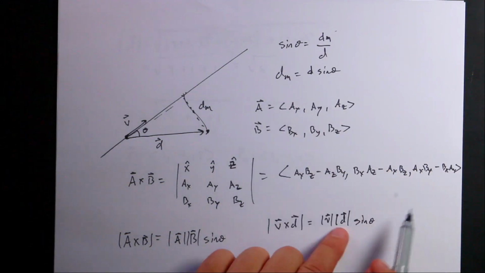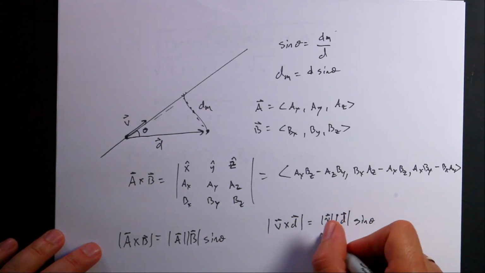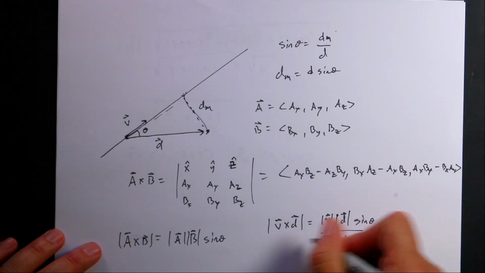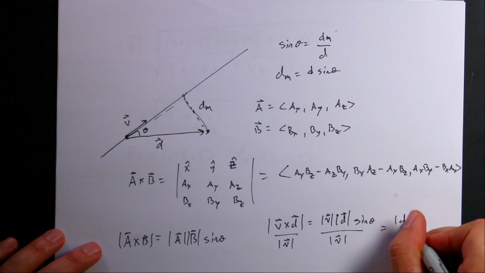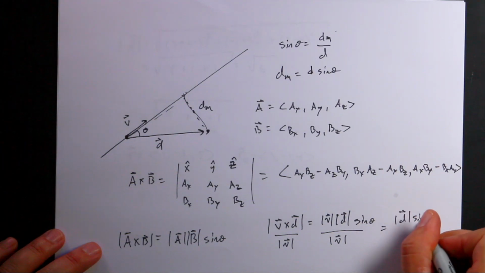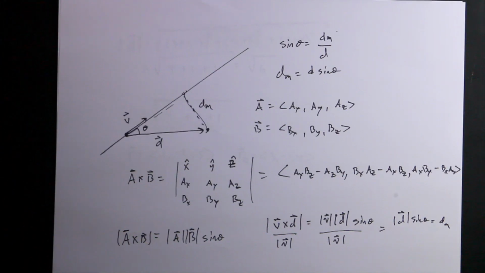If I get D sine theta, that's what I want. So if I divide both sides by the magnitude of V, I have the magnitude of D sine theta, which is d min. It's kind of a little trick, but if it works, it works.